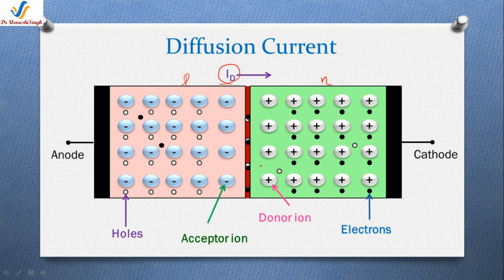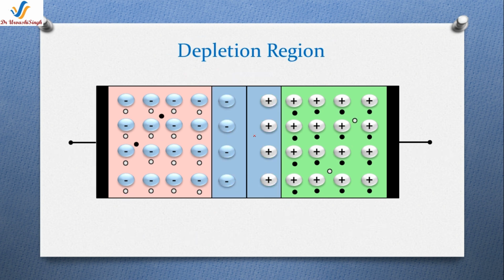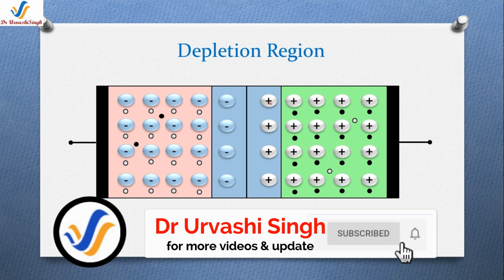Now the holes that diffuse across the junction into the N region will soon recombine with some of the majority carriers of the N region. Due to the recombination process, the disappearance of carriers takes place. In the same way, electrons which move from N to P side will also recombine with the majority carriers of the P, that is the holes, and they will also disappear. So what will be left behind? They leave the bound uncovered charges, and these are the acceptor and donor ions.